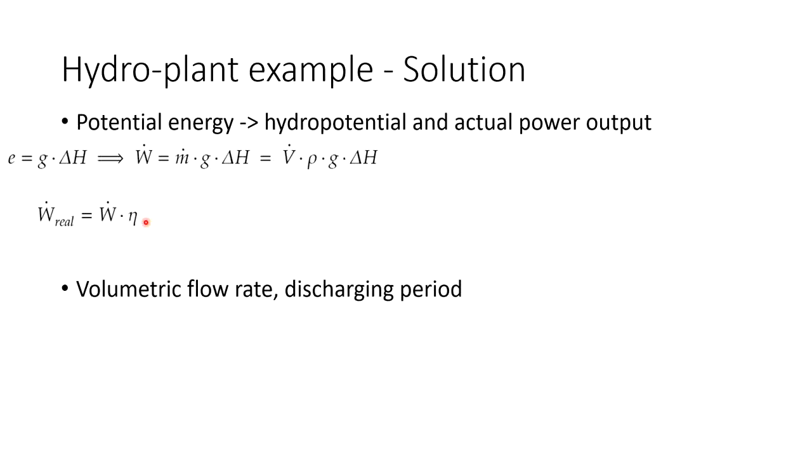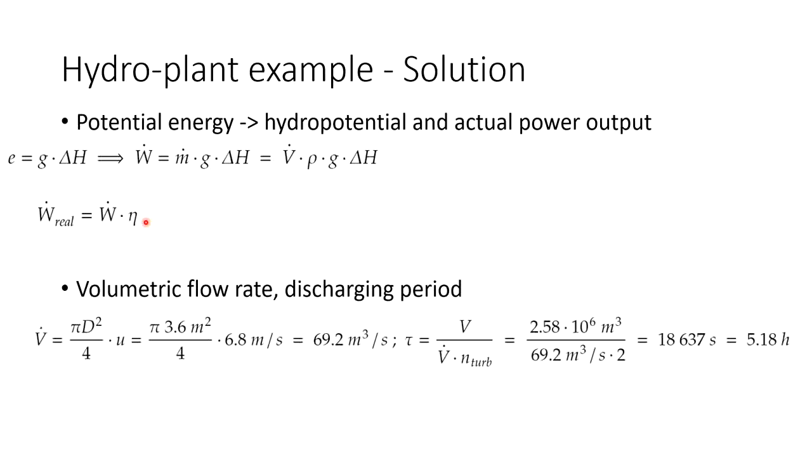So now we can get the volumetric flow rate and then discharging period. The volumetric flow rate is the cross-section area of the pipe multiplied by the velocity. So it's 69 cubic meters per second.